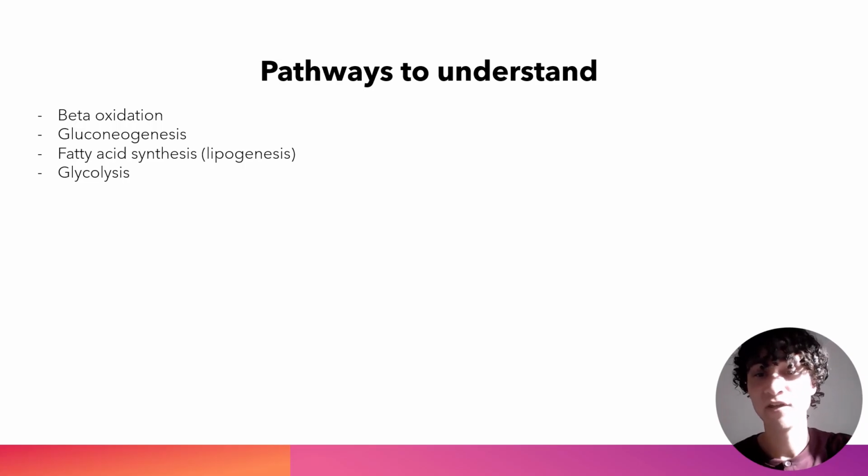Then that oxaloacetate can be converted into phosphoenolpyruvate, and then you get your glycolytic intermediates, and you can build your 6-carbon sugar, your glucose. That's typically done in a fasted state, or when you're having a high protein, low fat diet.